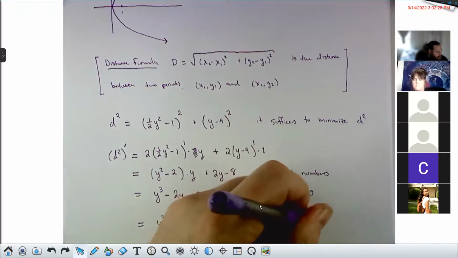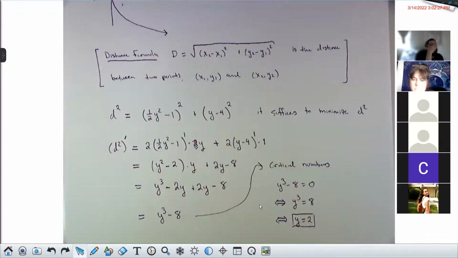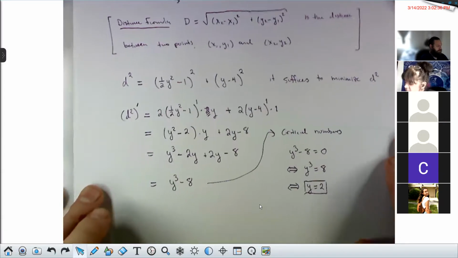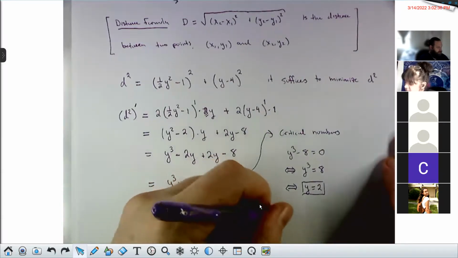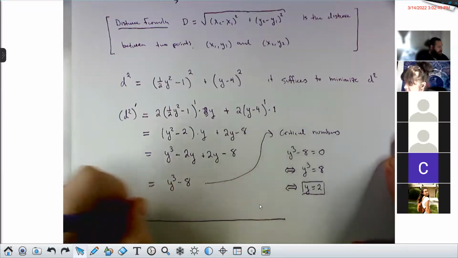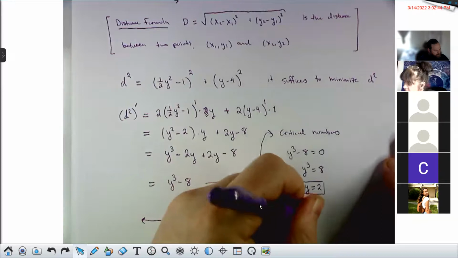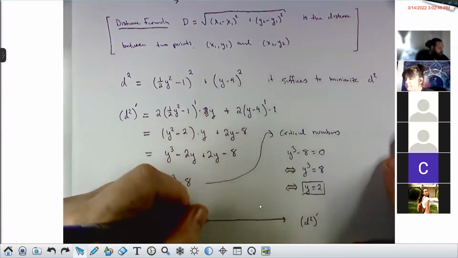So there's just one real number that satisfies that equation. It's the number 2. And now I can build a number line. The number line here is technically for d squared primed, the derivative of the square of the distance. The only critical number there is 2.